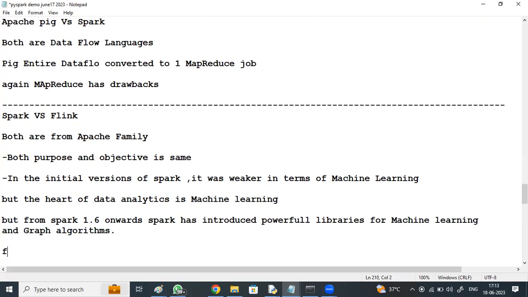From Spark 2.0 onwards, Spark has dominated Flink.